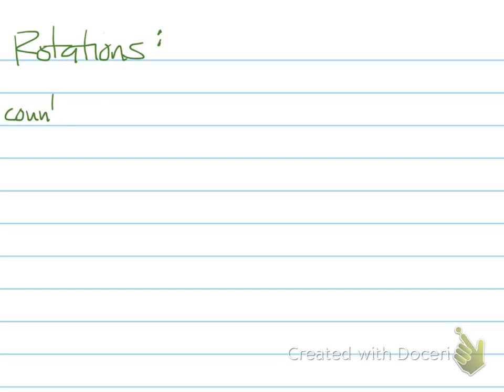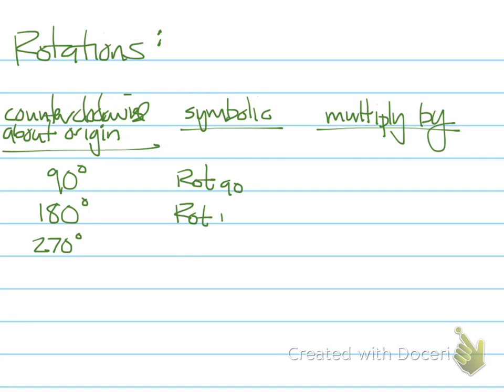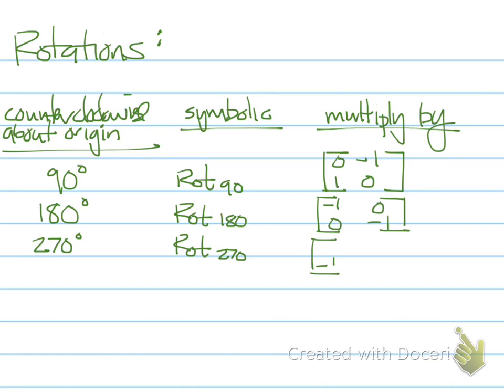Next is rotations. Just a new set of matrices that we're going to be doing the same thing that we did for the reflections. It's just different matrices that we're going to multiply our vertex matrix by. So for a 90-degree counterclockwise rotation, you'll multiply our vertex matrix by 0, 1, negative 1, 0.